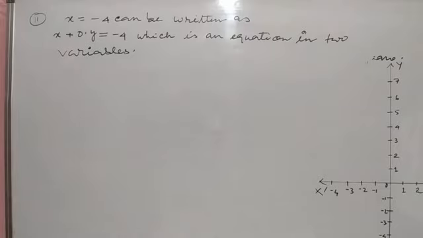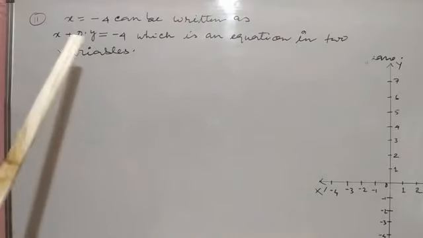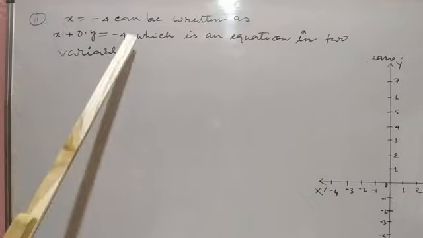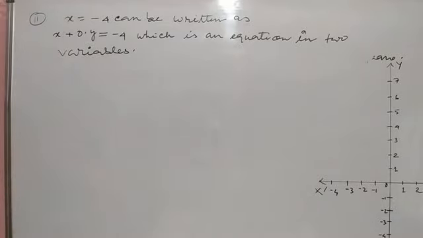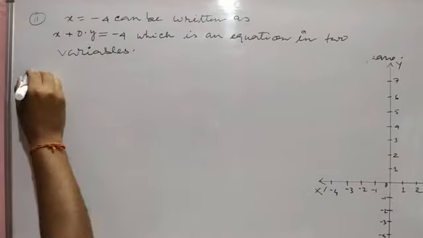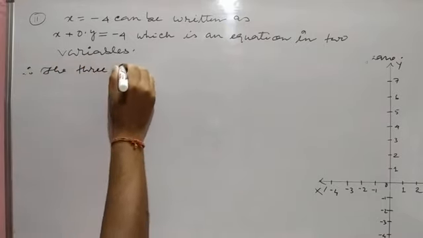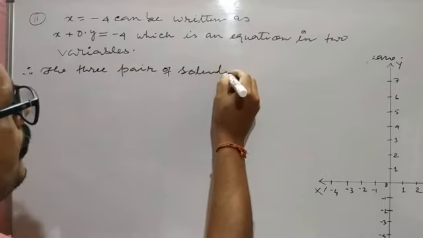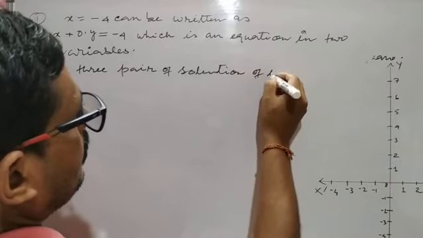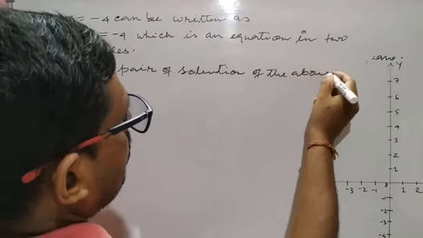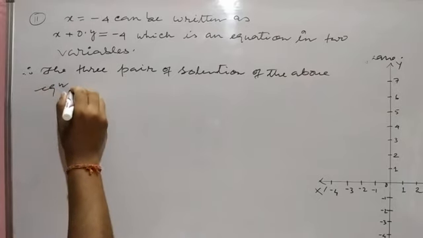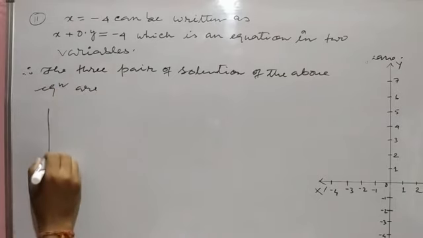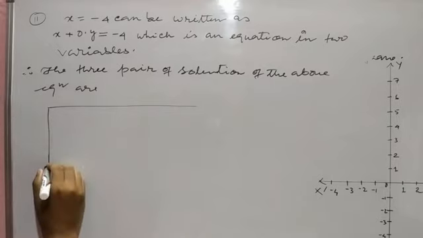So this will represent a straight line on the Cartesian plane. To get the straight line, we have to find three pairs of solution of this equation. Let us find three pairs of solution.